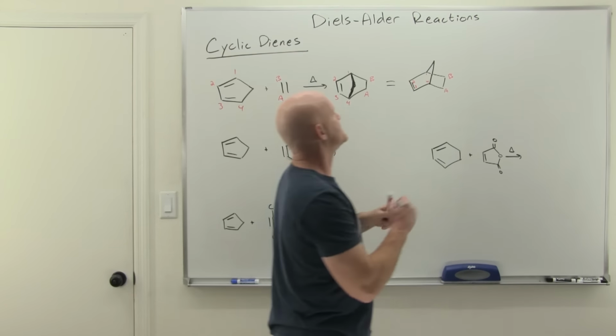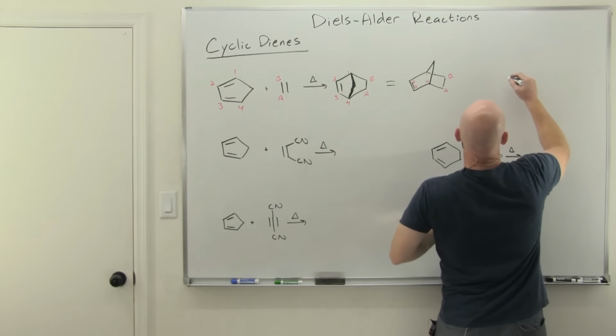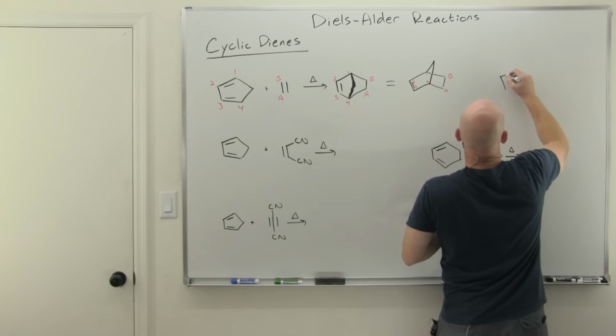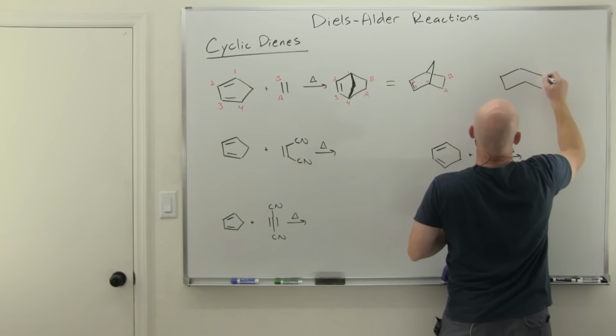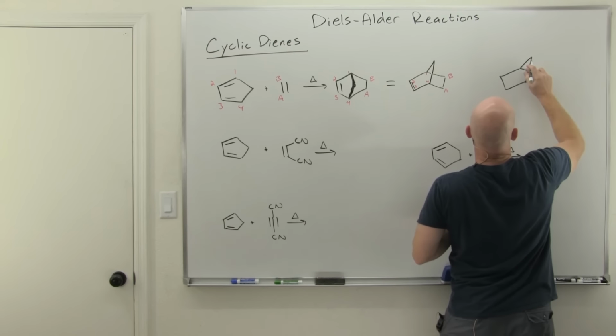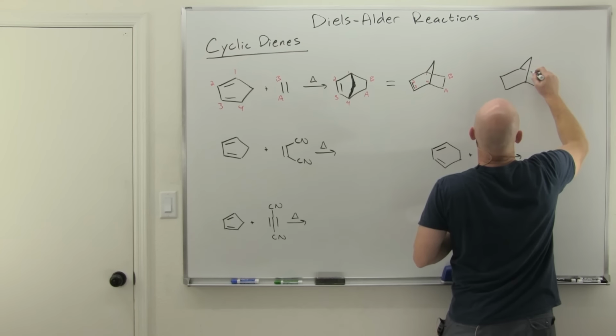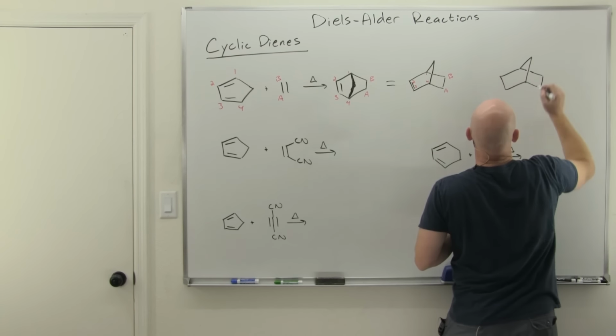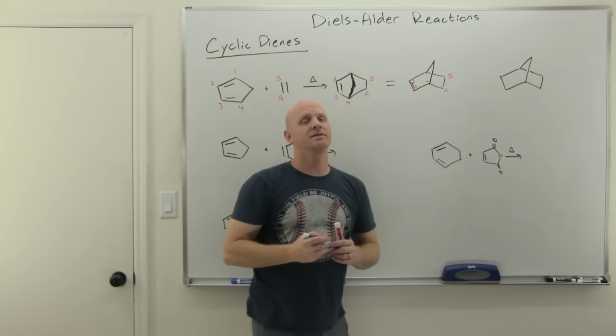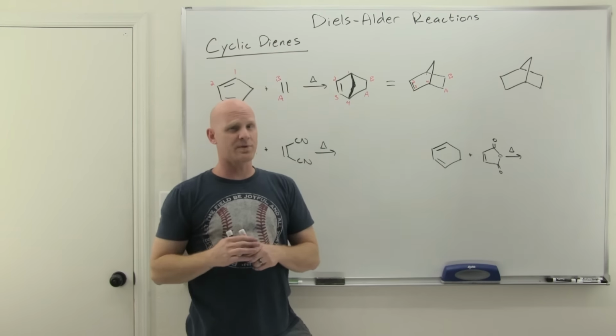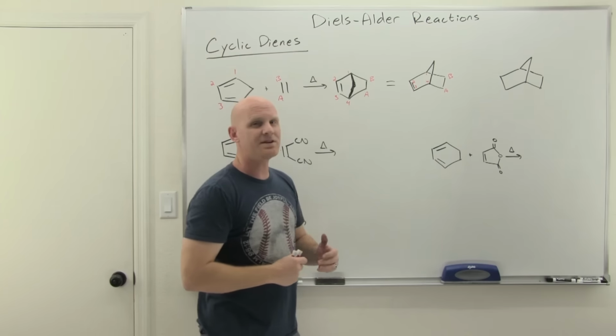Now, one other thing we should concern ourselves with in our Diels-Alder reaction here is that there is just a little bit of stereochemistry we have to worry about, and technically, it's all encompassed in the rules for stereoselectivity we've learned, but it's going to show up in a little bit different context here.